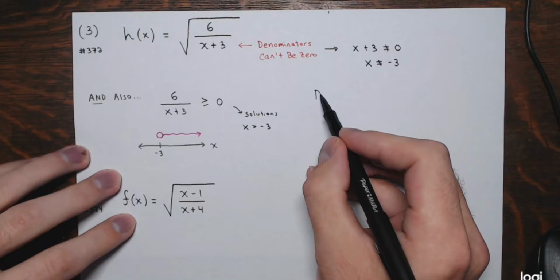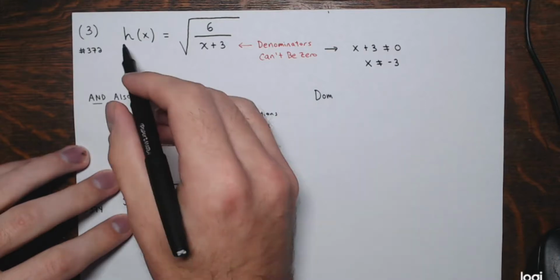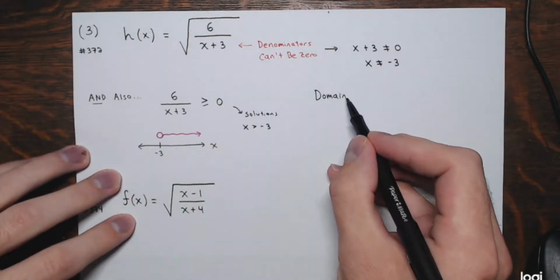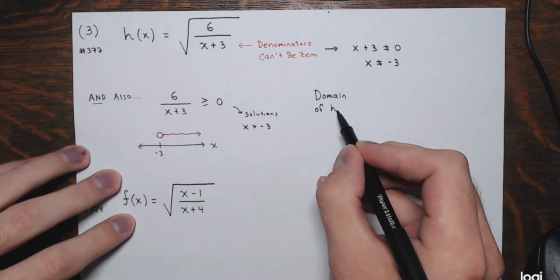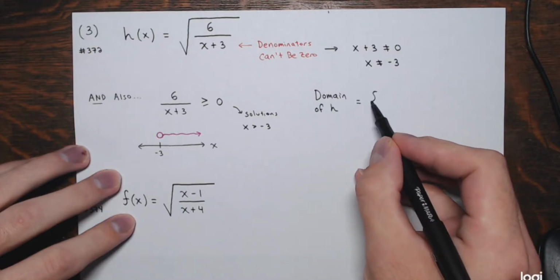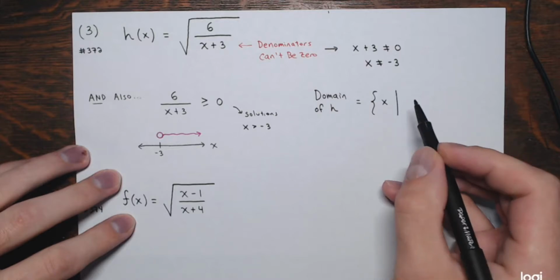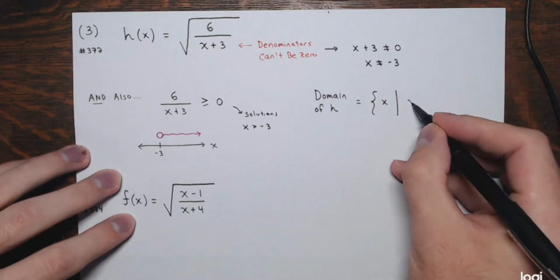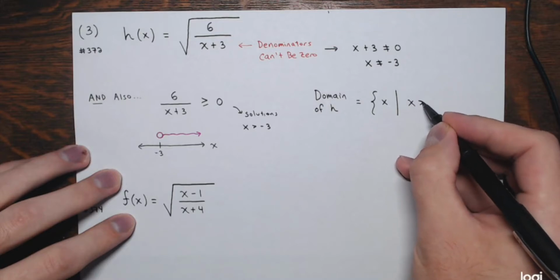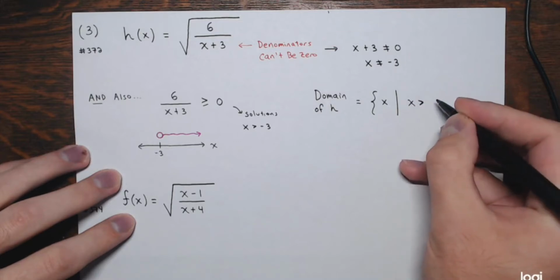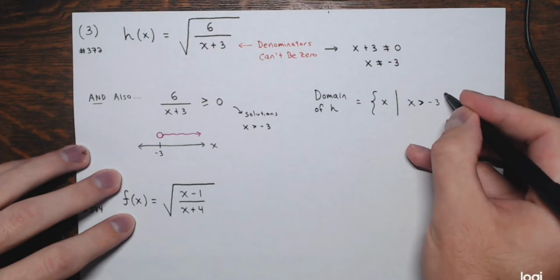So the domain of this function called h is all x values as long as x is greater than negative 3. Right? As long as x is greater than negative 3, we're fine.